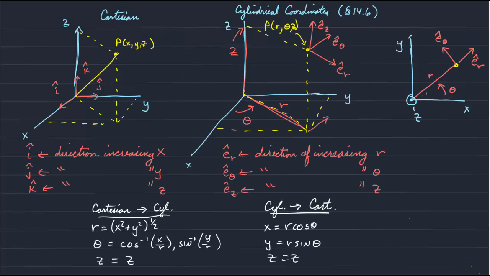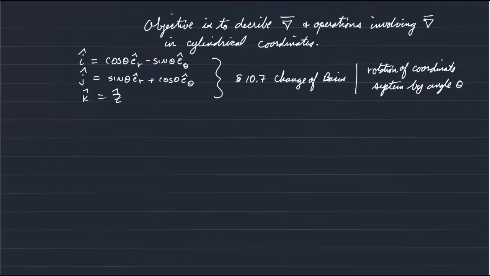So again, returning to our original diagrams, with i hat in the x direction and j hat in the y direction, those are directed differently from e hat r and e hat theta respectively by an angle theta, and hence the change of basis. So with that information, we can now relate del in Cartesian coordinates to del in cylindrical coordinates.